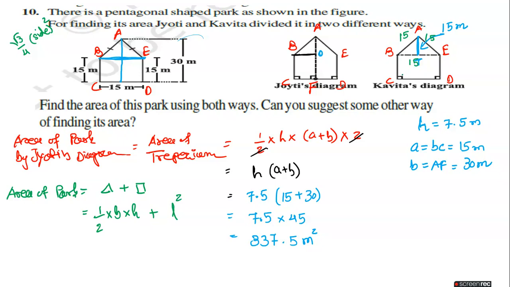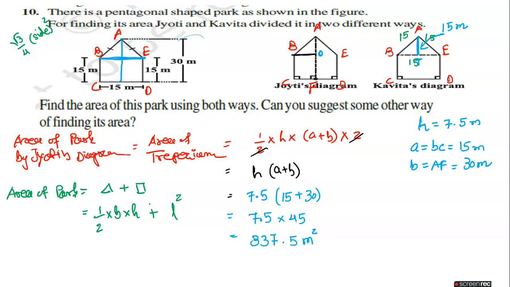The figure was actually drawn properly, but I extended it horizontally when I cropped it and pasted it in PowerPoint, so the square became a rectangle. So don't feel this is a rectangle, this is a square only. By seeing the first figure you can understand this is a square.